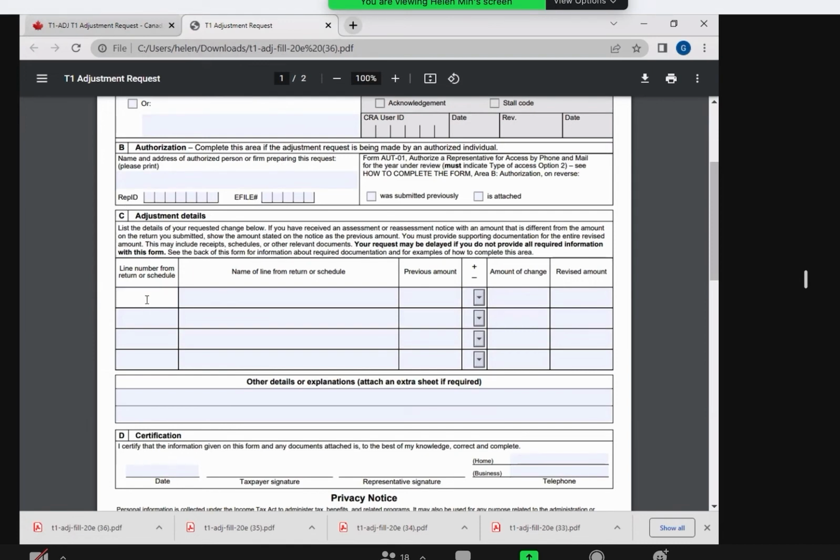Area C is like schedule 11. You can do schedule 11, for example line A1, line 1.